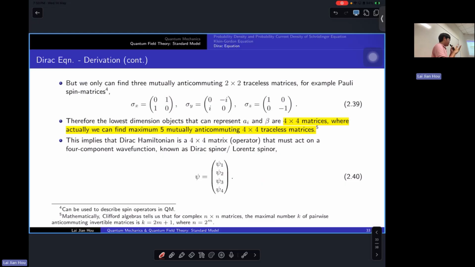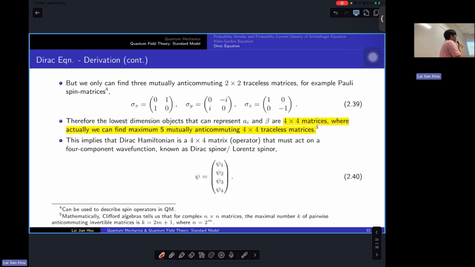When we first consider the even dimension of 2, intuitively the matrices that we want to find may just be the Pauli spin matrices. It can be a different representation; this is one of the representations, the Pauli spin matrices.